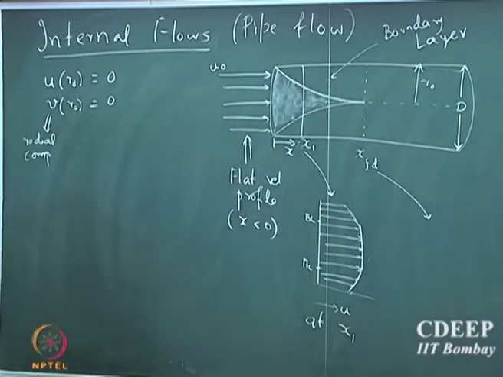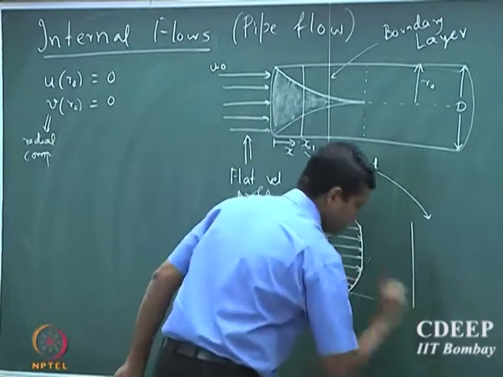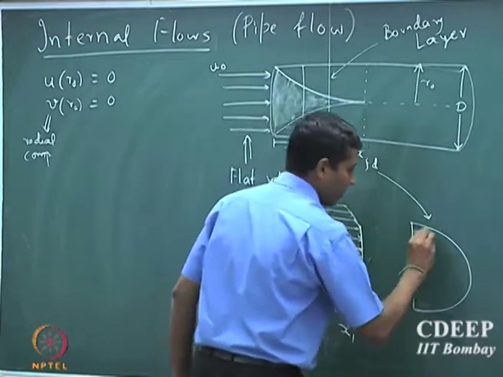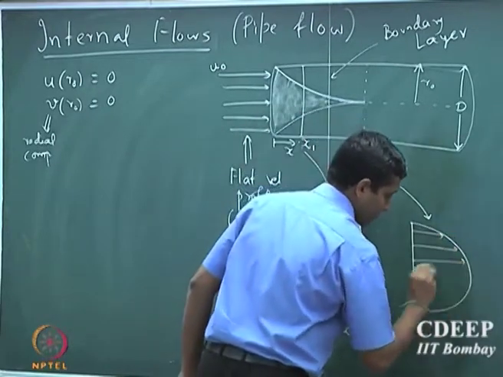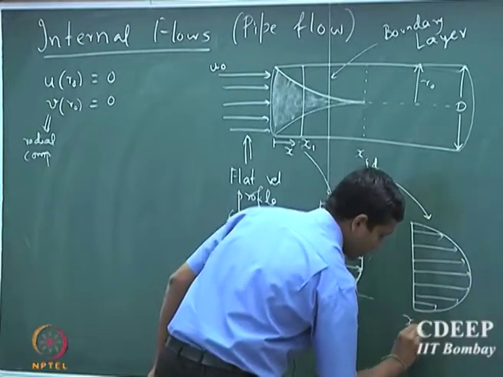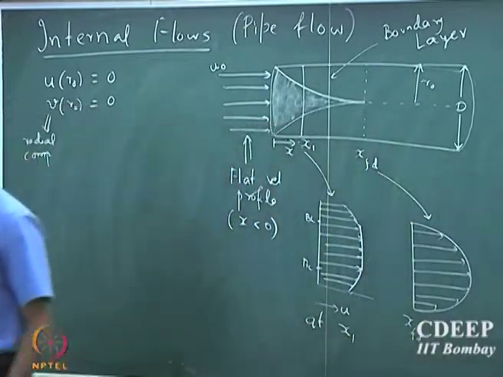Now if I look at the velocity profile at the fully developed regime, what I will have is a parabolic velocity profile. So this is the fully developed regime.